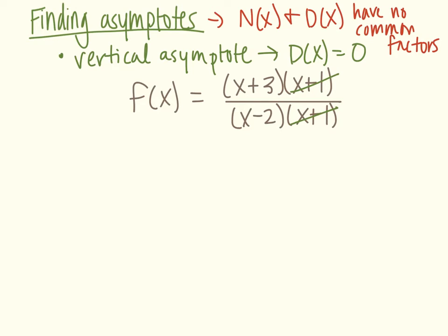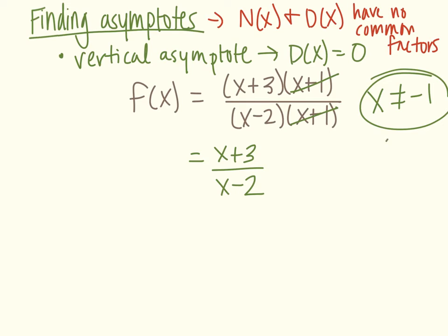But you have to be careful because -1 still is not in the domain. Now you have a more simplified function to graph and to look at, but you still need to take into consideration this value. This x cannot be -1. That does not make a vertical asymptote.